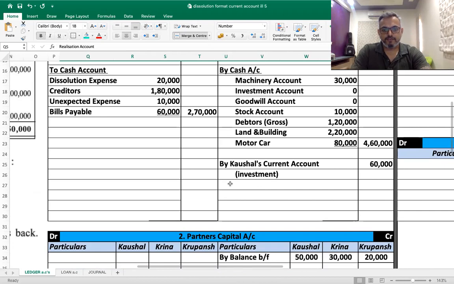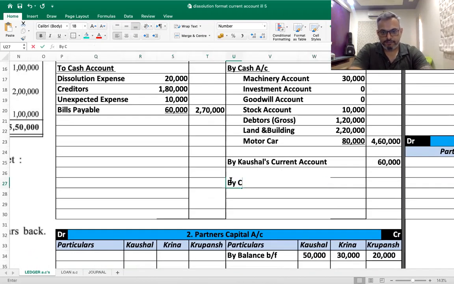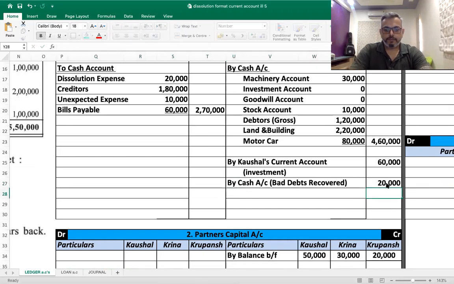So realization account on credit side, we write by cash, bad debts recovered. We recovered bad debts of 20,000, which were written off earlier.